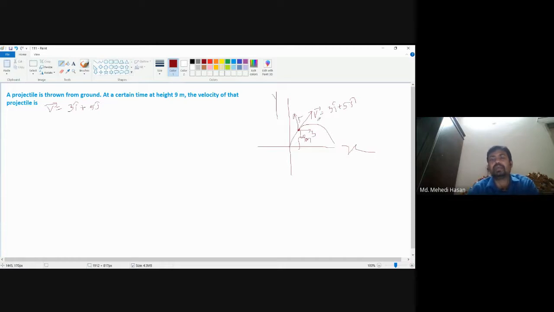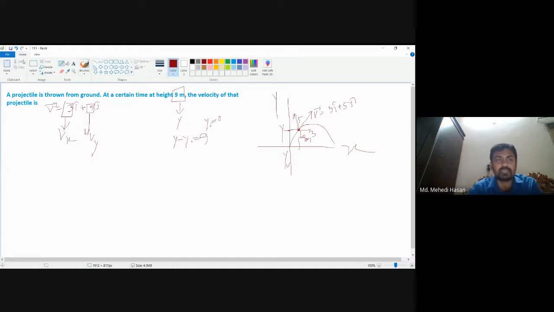This part is vx, not v naught x, and this is vy. So these are the x and y components of the velocity at 9 meter height. This point is y, and initially y naught is 0 because we throw from the ground. So y minus y naught is 9. These are the given informations.